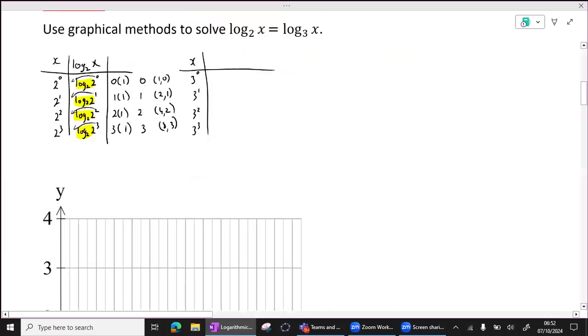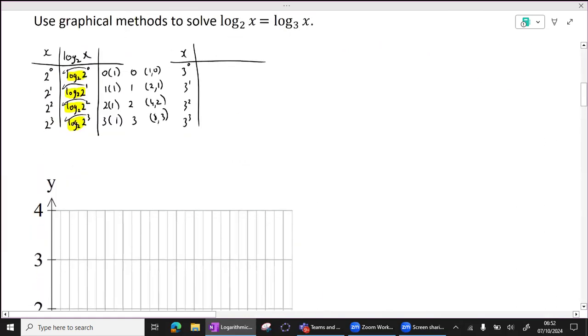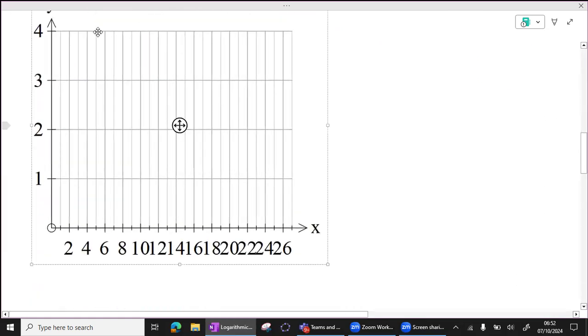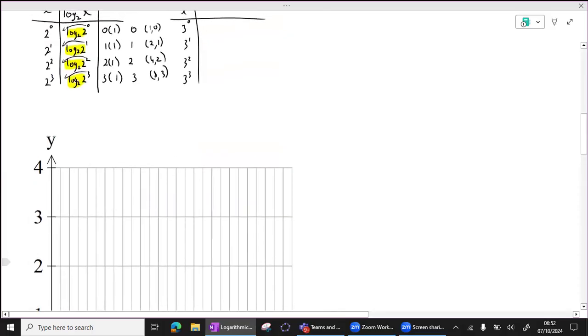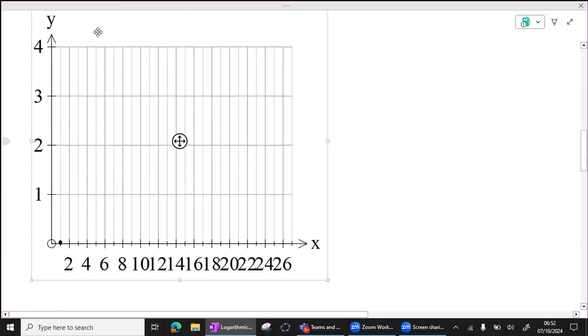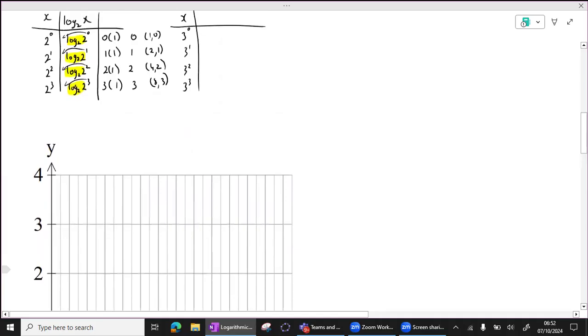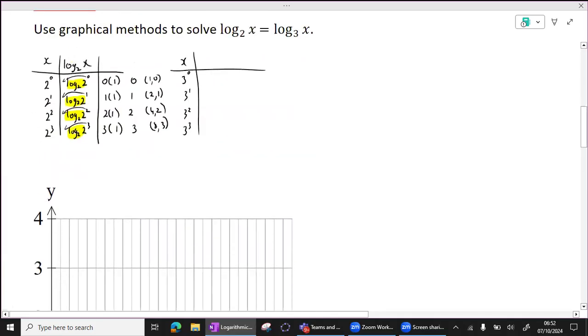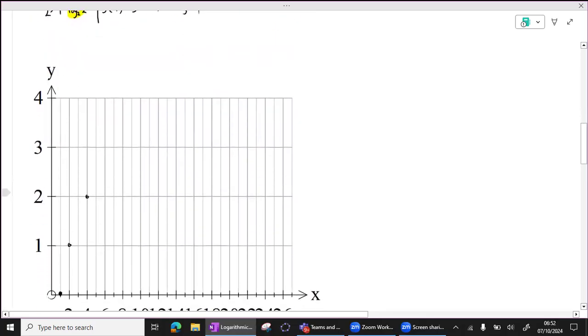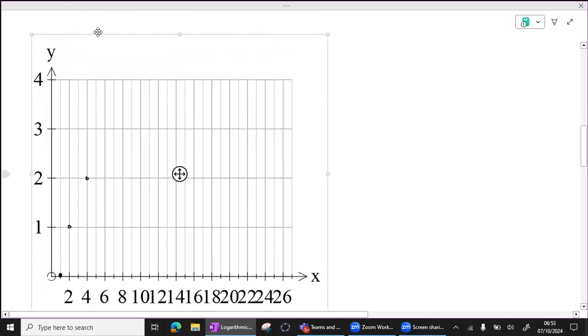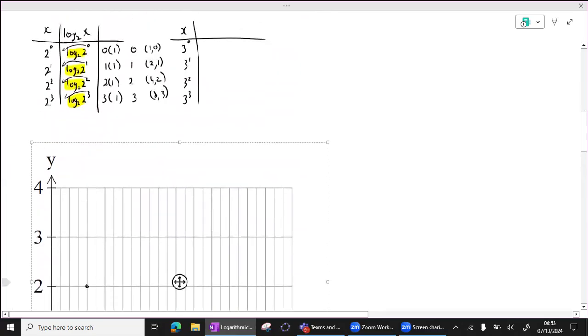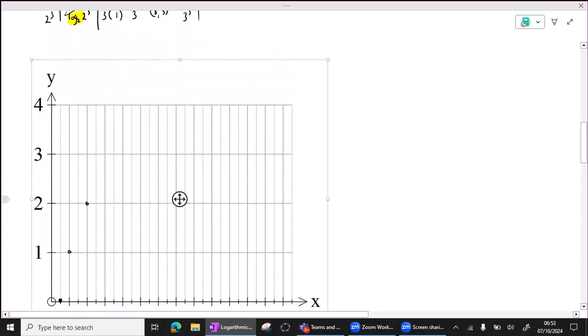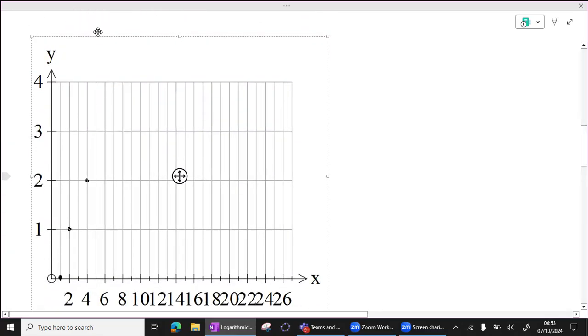So if I plot that, 1, 0, 2, 1, 4, 2, and 8, 3. So we connect them up.